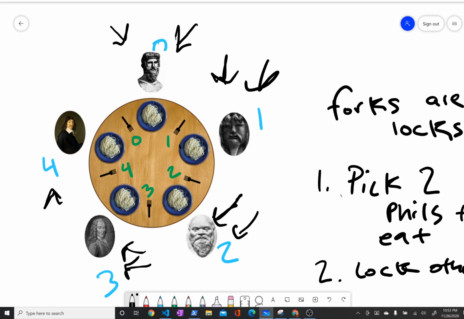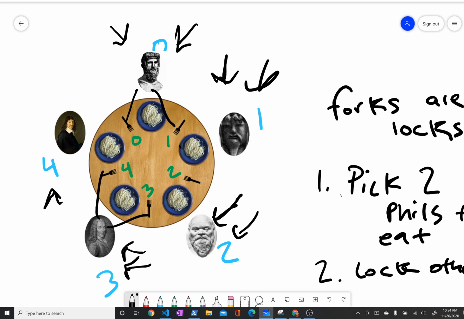You can kind of see, one, how this is obviously going to work, because it's impossible for us to contend if only one guy is eating at a time. And two, you can see how it's going to be slower than everybody else's solution. The reason is, of course, we have 5 forks and 5 philosophers, and it takes 2 forks to eat a meal. Well, the maximum throughput that we can do is 2 philosophers simultaneously eating.